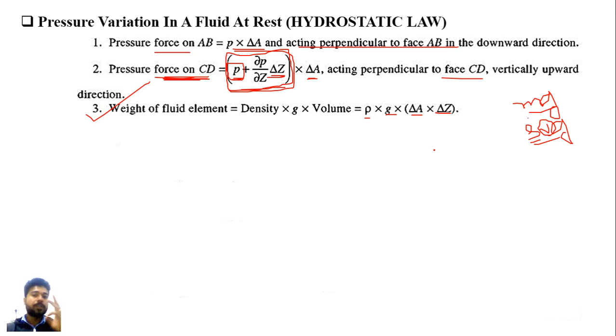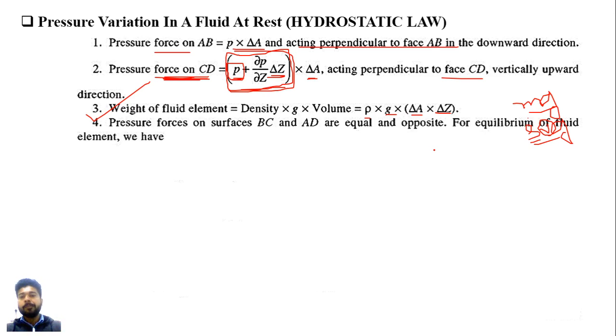So there are three forces applied on that arbitrary fluid element. One force is in the downward direction, applied on face AB. The second force is applied on face CD, which is the upward direction force, and the third force is the weight of the fluid due to gravity.